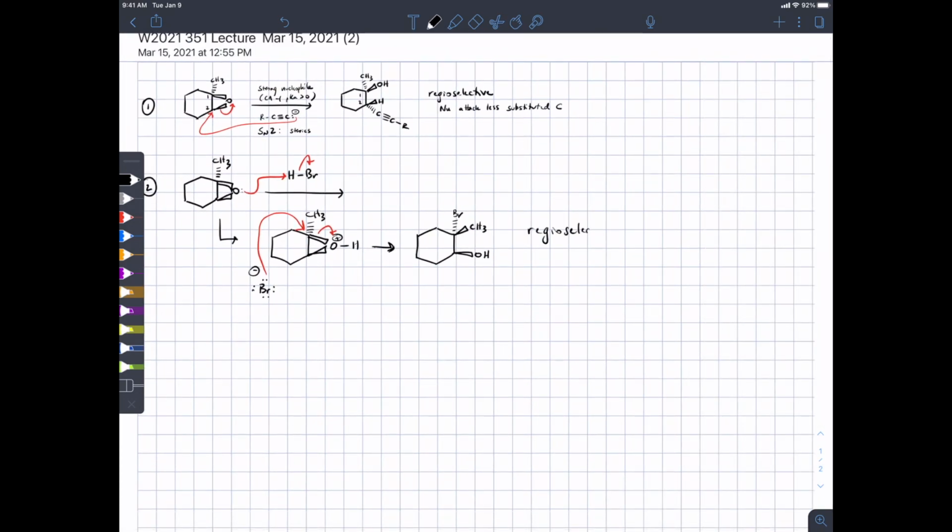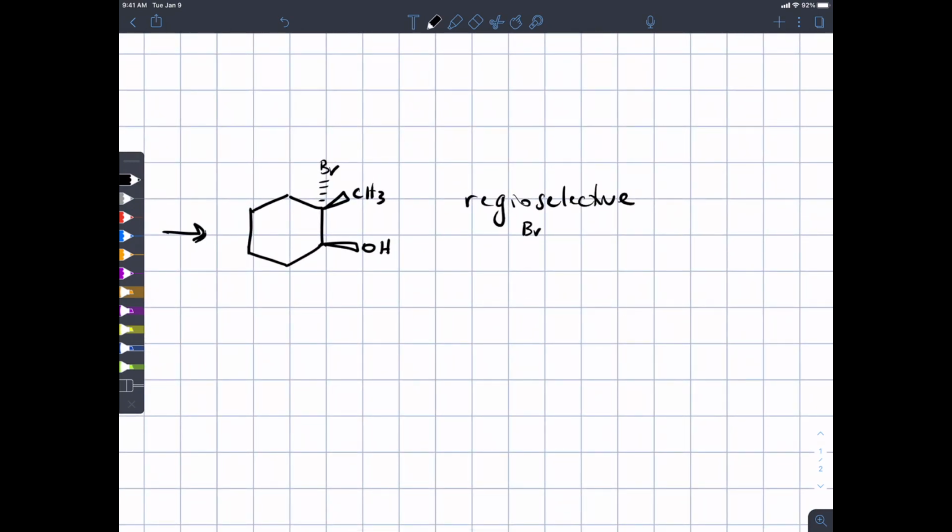Again, this reaction is also regioselective, but in the opposite way. Br ends up on the more substituted carbon.